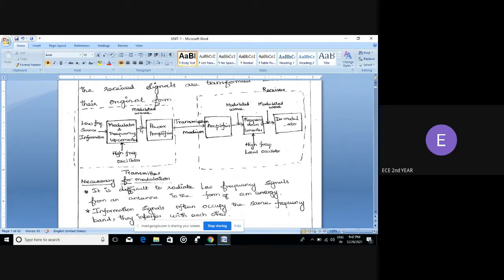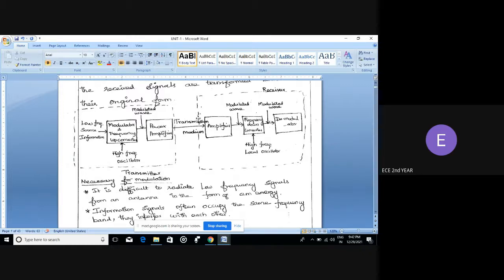Why we use the power amplifier here: we have to increase the amplitude, the level of the modulated wave.